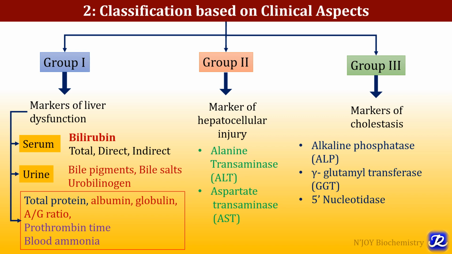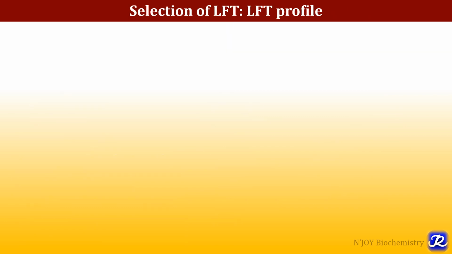So this is how the second classification, that is the clinical classification of LFT, is done, and it includes 3 groups. The first group includes markers of liver dysfunction, the second group includes markers of hepatocellular injury, and the third group includes markers of cholestasis.